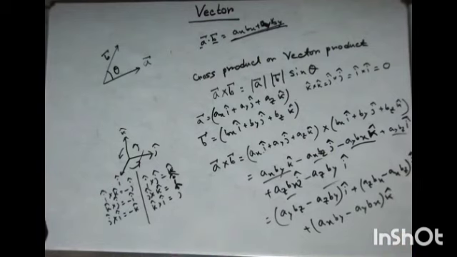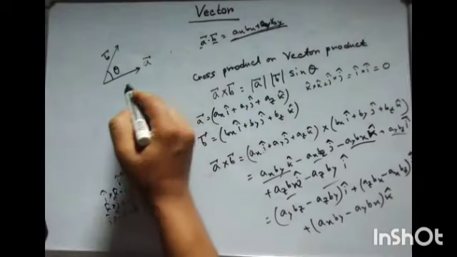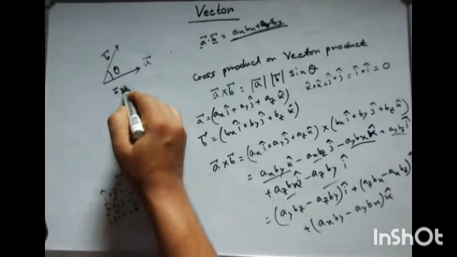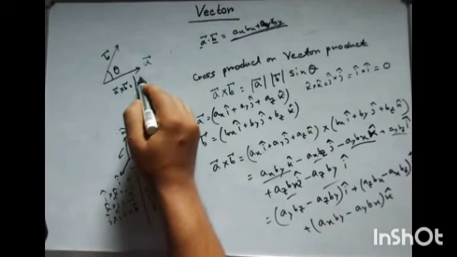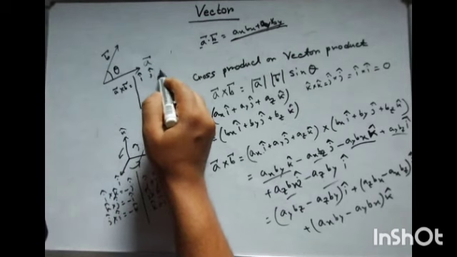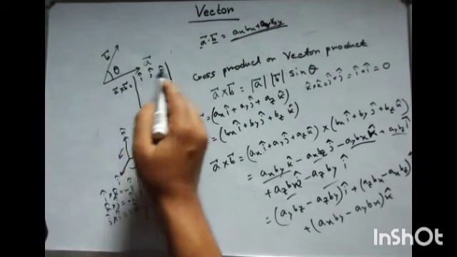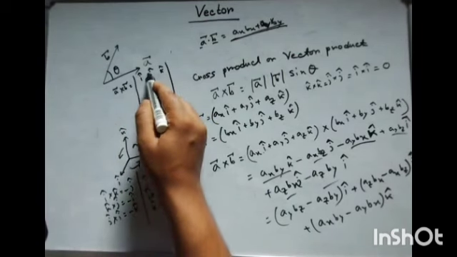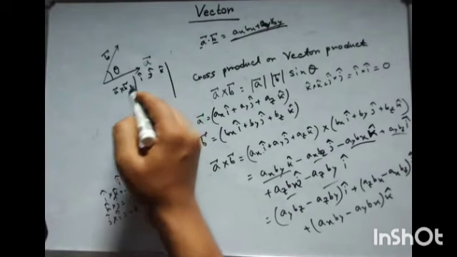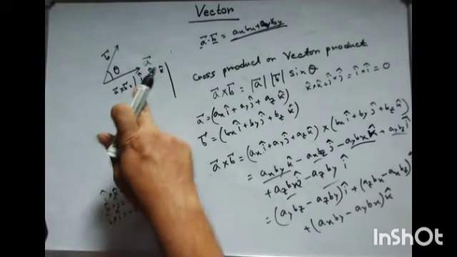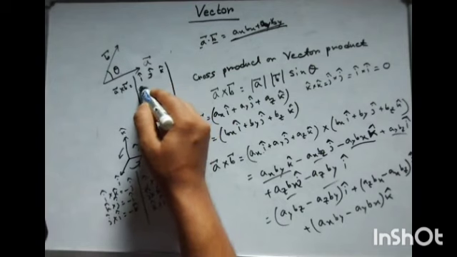So to find cross product, there is another shortcut method, that is a cross b is the determinant of i cap, j cap, k cap. If you know about determinants, which you will learn in your mathematics course, then you can find it easily.